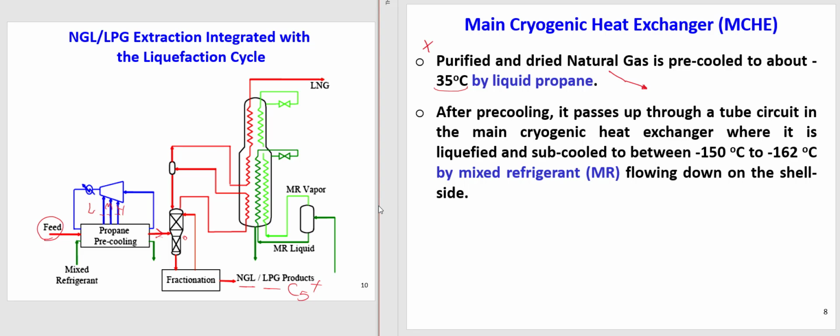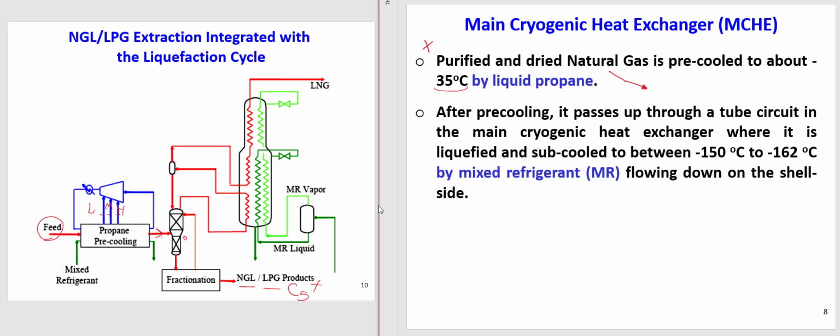After the scrubber, there are several streams here. The natural gas will be sent to the main cryogenic heat exchanger, this one.